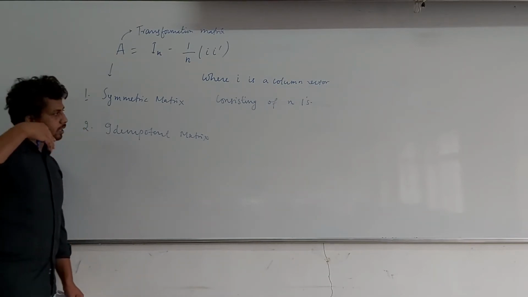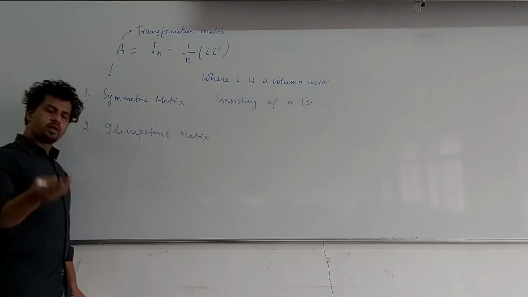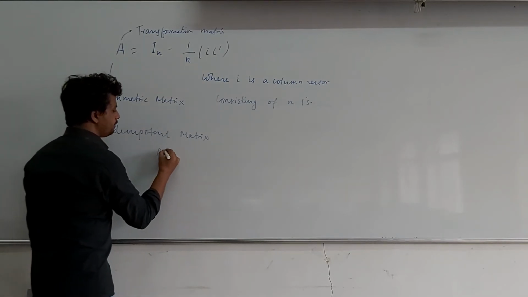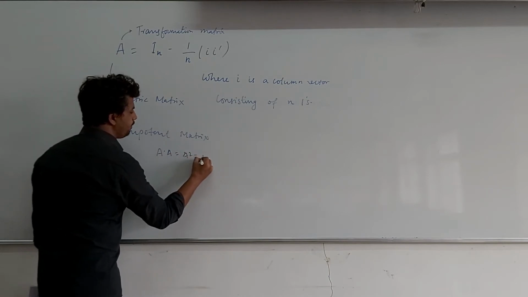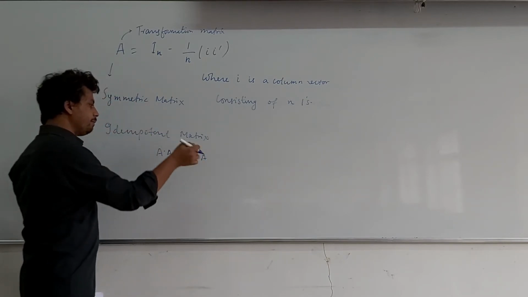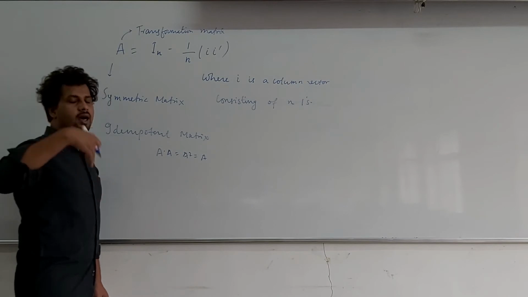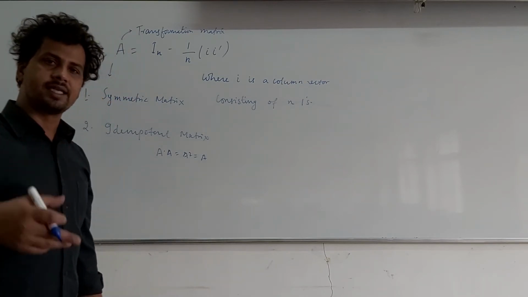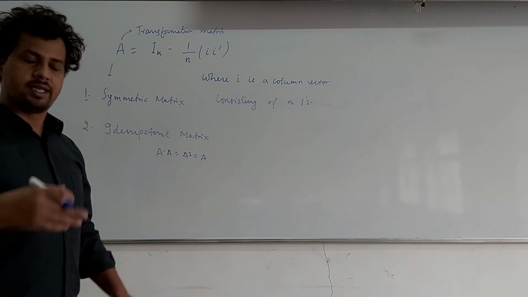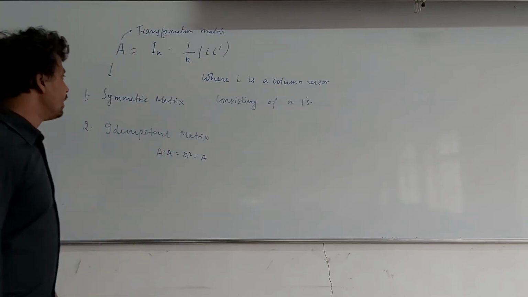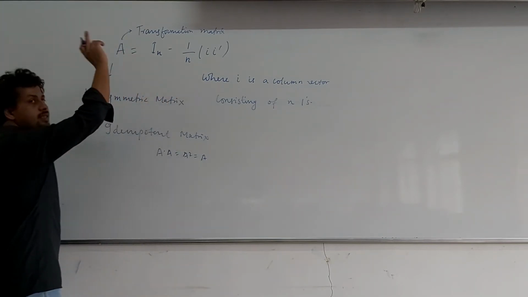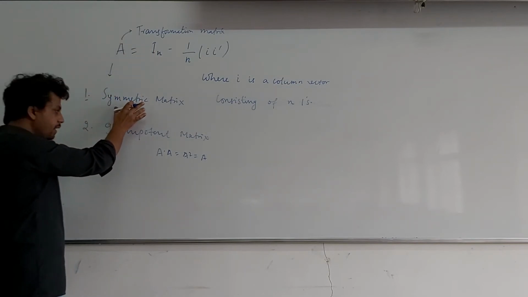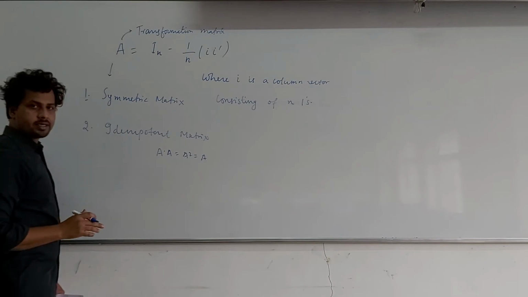If you multiply a matrix by itself, the matrix remains the same. That is, A times A, that is A square, will remain A. If you again multiply this A square by A, it will again remain A. So no matter how many times you multiply that matrix by itself, the values do not change. So this transformation matrix is a square matrix, a symmetric matrix as well, and also an idempotent matrix.